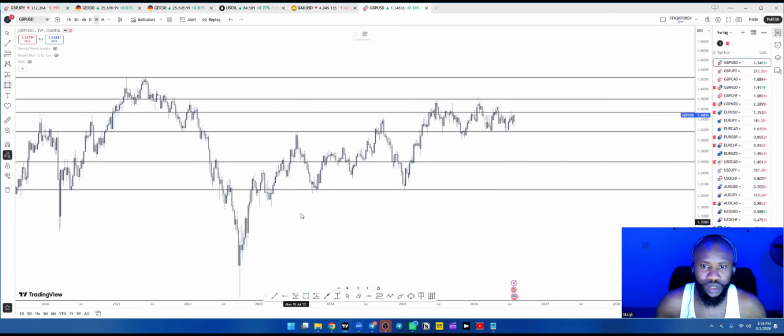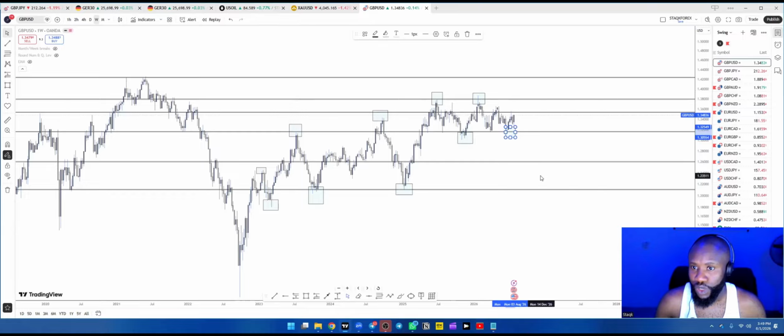Let me show you something. We have a low here, then a low, then a high. We have a low, a high, then a low, then an equal low here. Then we have a new high that is higher than this one, then this high here, then a low here, an equal high here, then an equal low here.